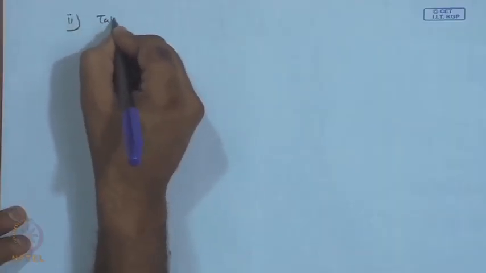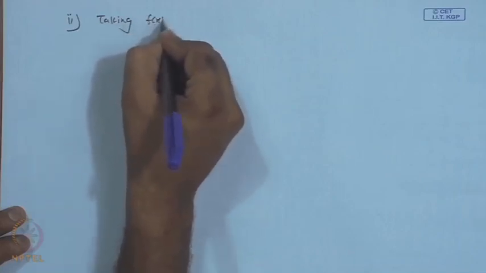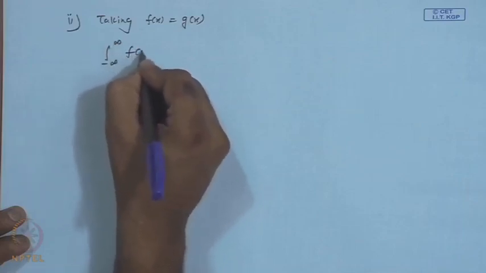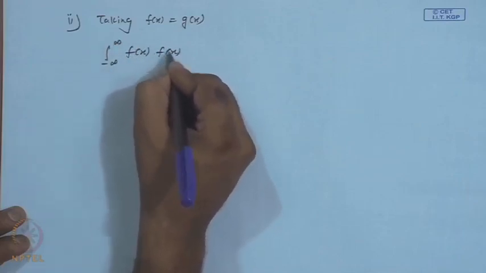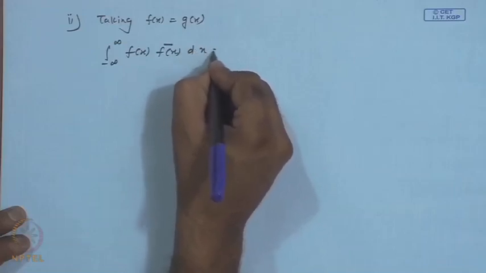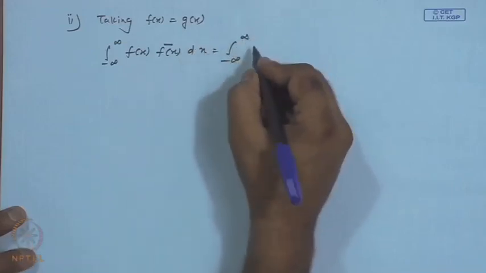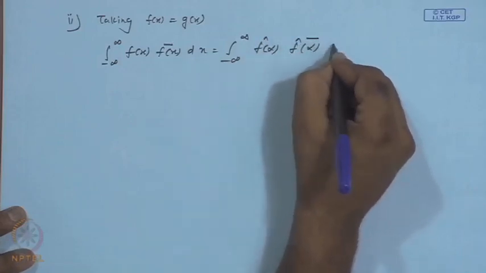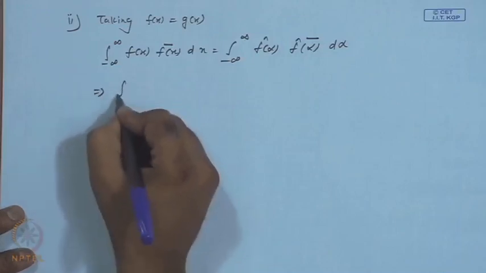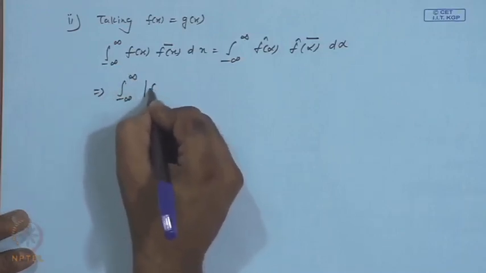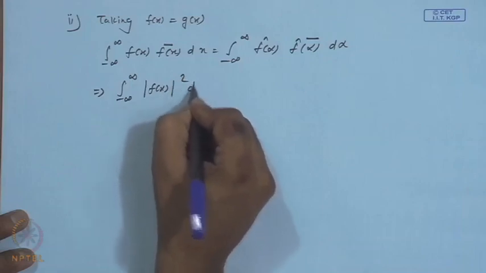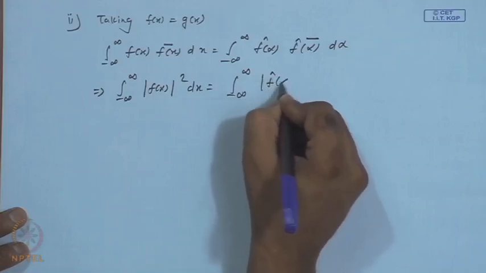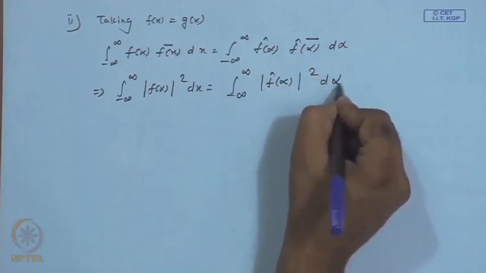So taking f(x) equal to g(x), what we will obtain is the integral from minus infinity to plus infinity of f(x) and f(x) bar dx, and the integral of f hat alpha and f hat alpha complex conjugate, and we can also write this as f(x) whole square, and minus infinity to plus infinity f hat alpha square dα.